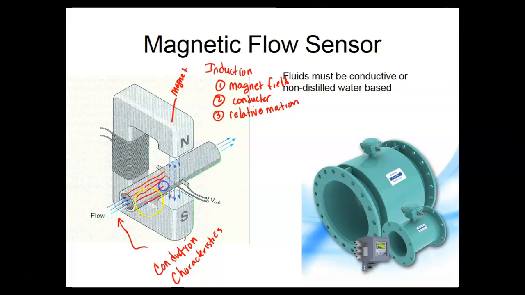The magnetic field induces a small voltage. So I said that kind of wrong. The flow kind of absorbs the magnetic field, causing the magnetic field to shift depending on the flow rate, and that shift in magnetic field is picked up by these sensors on the side, giving us a V out that's proportional to the rate of flow.